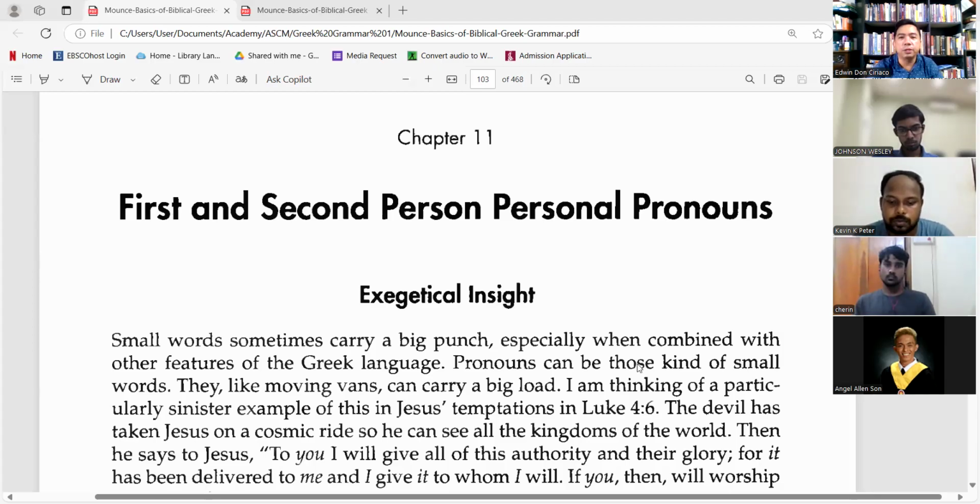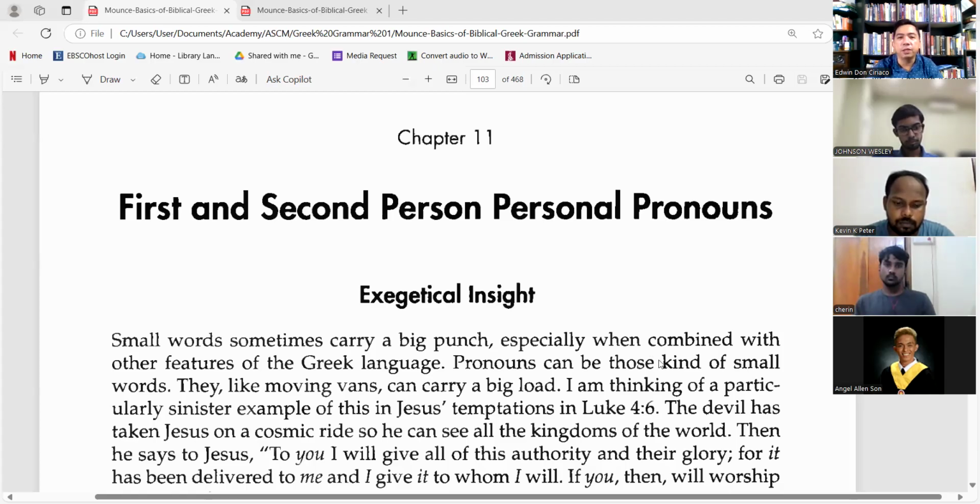And then there's this plural form: autoi, auton, autois, autous. Okay.